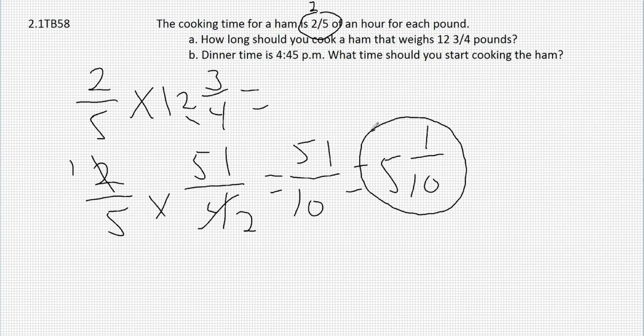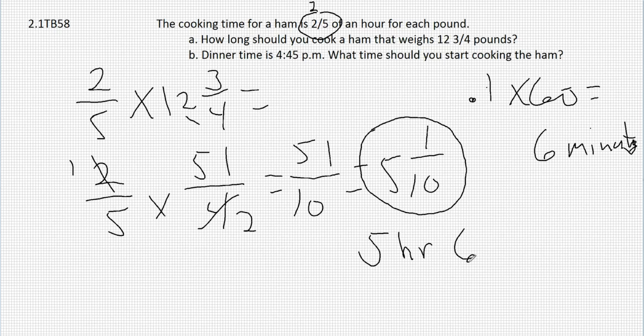It's 60 minutes in an hour. So we need to know basically what is 1/10 of 60. And if we do that math, we're going to get 6 minutes. Okay, that helps us. Now we know that the cooking time is 5 hours and 6 minutes.